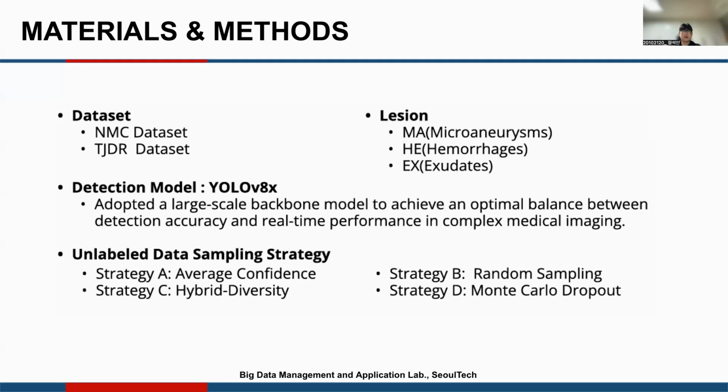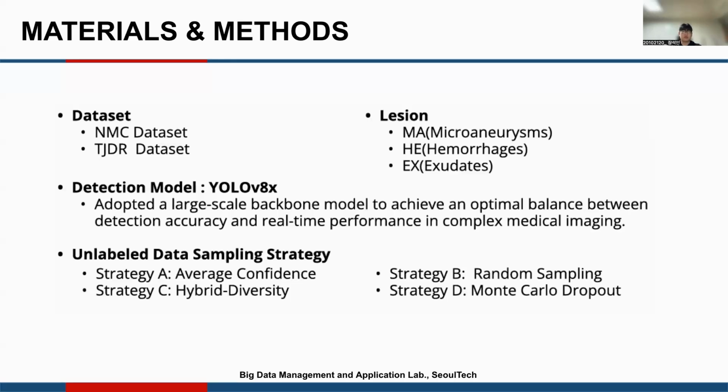Next is the materials and method chapter. We use two datasets. The first one is NMC dataset, provided with approval from the National Medical Center in Korea. In this study, it was used to measure annotation time. The second one is TJDR dataset, a publicly available high-resolution retinal fundus dataset collected by Tongji University in China.